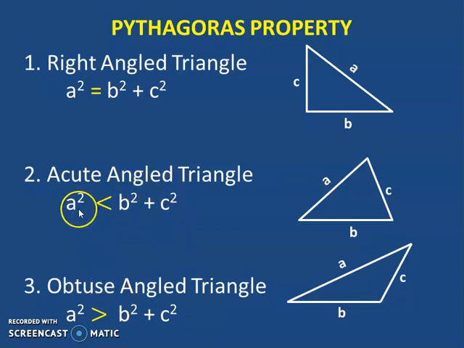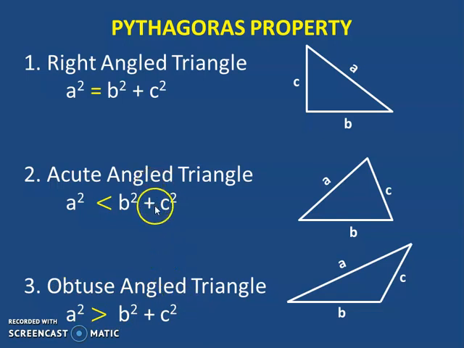So if the square of the longest side is smaller than the sum of the squares of the other sides, it will be acute. And if the square of the longest side is greater than the sum of the squares of the two other sides, it will be an obtuse angle triangle.